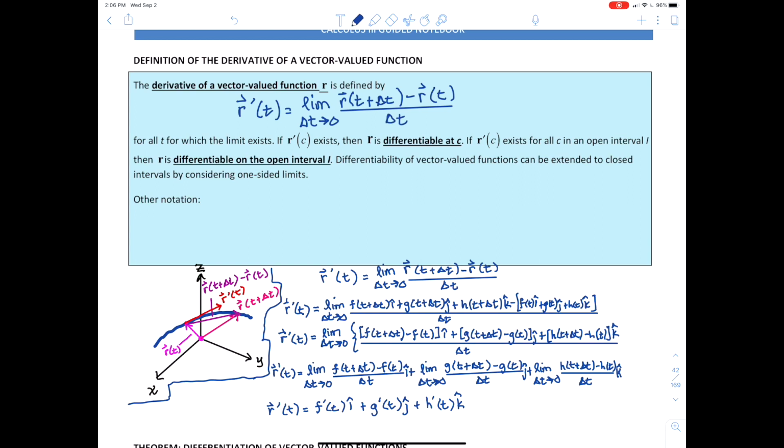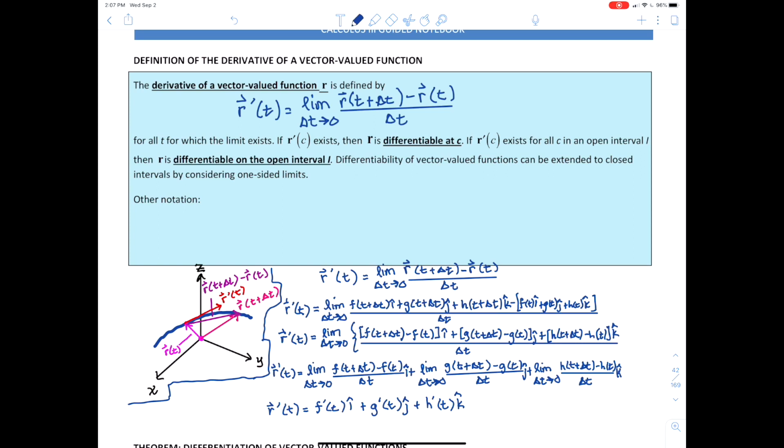Good so far? And that's for all t for which the limit exists. If the vector r prime at c exists, then r is differentiable at c. If vector r prime at c exists for all c in an open interval I, then r is differentiable on the open interval I. Differentiability of vector-valued functions can be extended to closed intervals by considering one-sided limits.